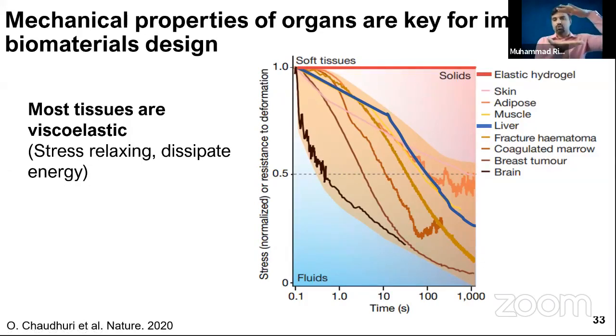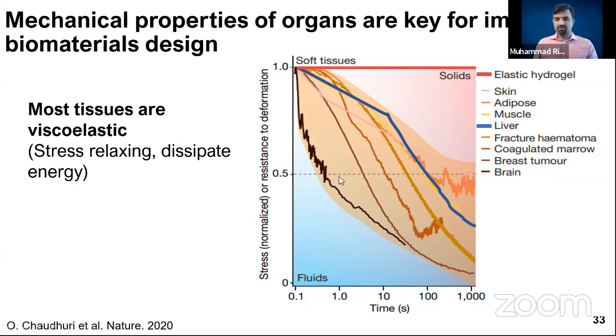It means that when you do mechanical testing or compress a tissue and hold it there, most tissues will have an ability to dissipate energy and relax that stress, because there's a lot of non-covalent cross-linking in these tissues or in the microenvironment. So they have this ability to dissipate that energy. And the rate of dissipation depends on the tissue.